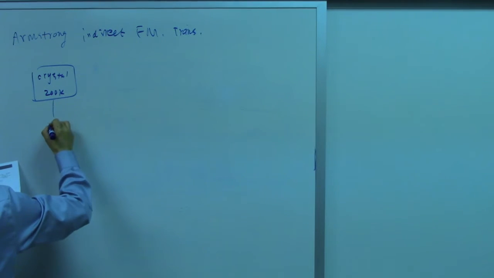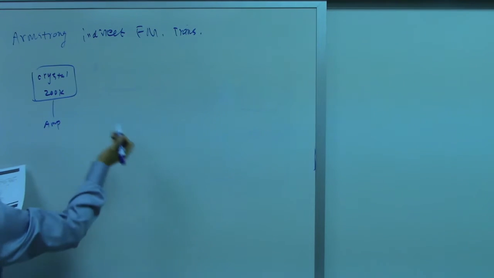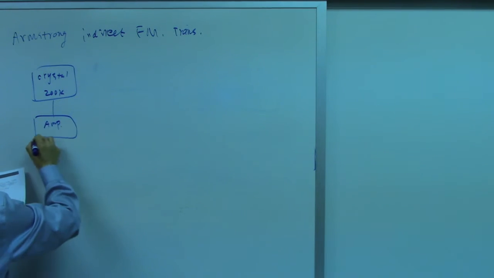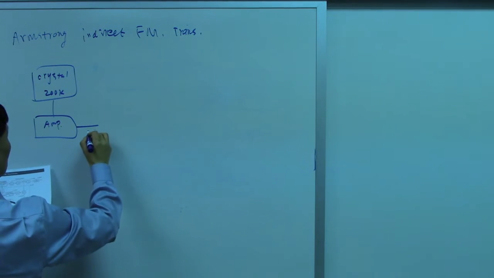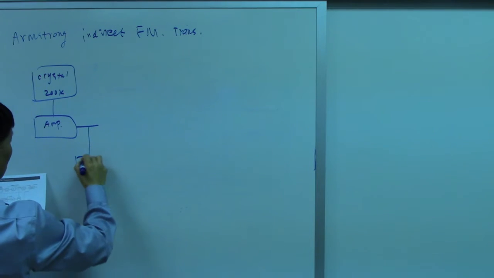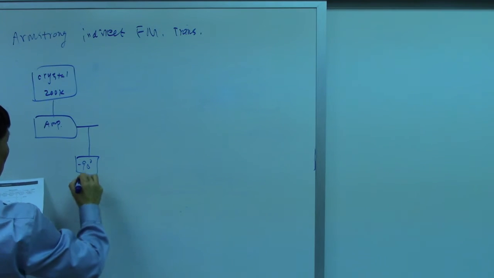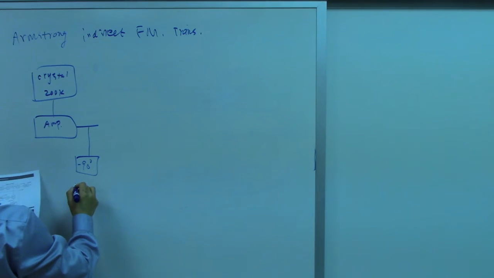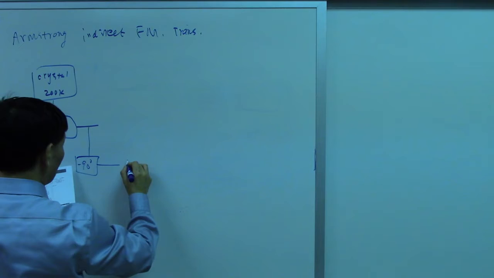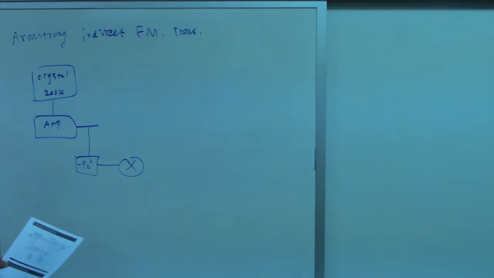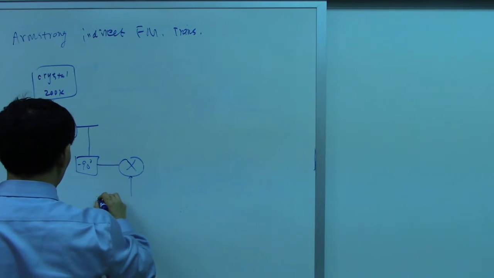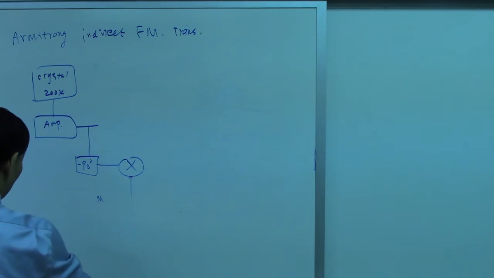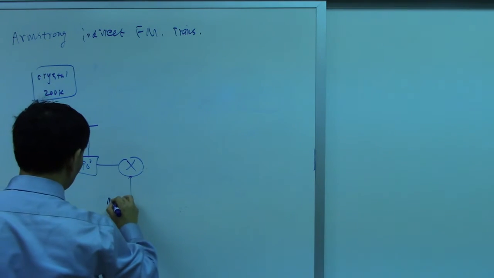Then we have amplifiers, buffers, they work together. And this one here, there's a phase shifter, negative 90-degree phase shift. Then this is a modulator, and this one is your modulating signal. This is the modulating signal, so that is the message.